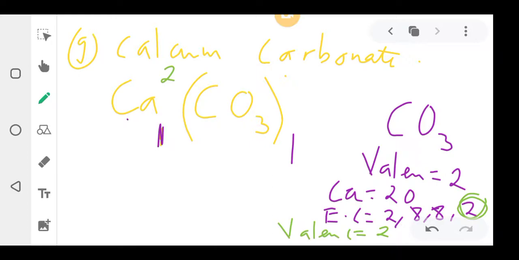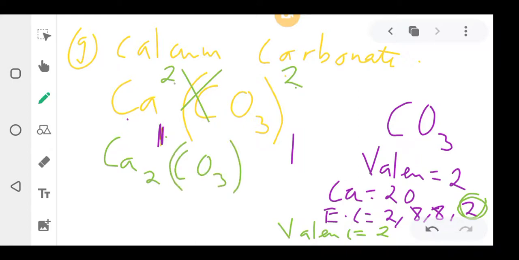Carbonate is also 2. So cross multiply: Ca 2 times this one is 2 here, CO3, 2 times this one is 2. 2 and 2 are factors. 2 into 2 is 1. So the 2s cancel out, and then CO3. So it will be just like this, because these 2s are cancelled out. So that's how you do it.